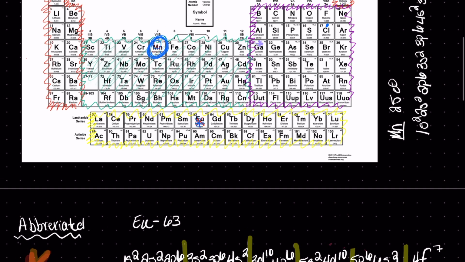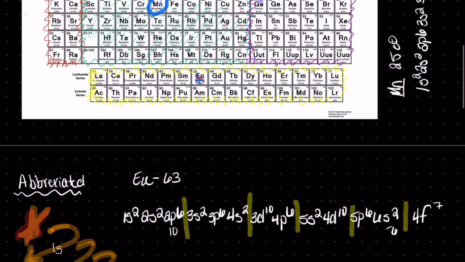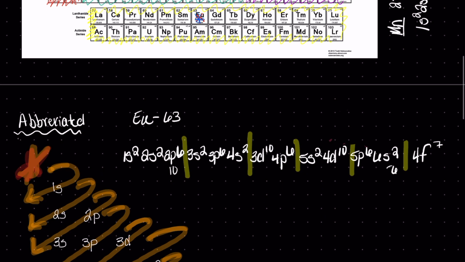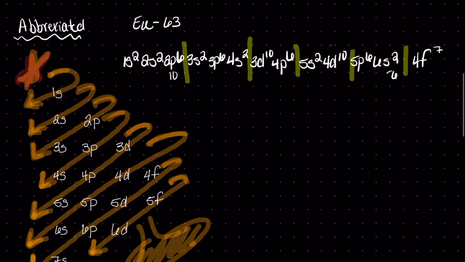All of these noble gases have a unique characteristic that they are highly unreactive. They don't do much, but they have quite a bit of electrons to account for. So we can use that noble gas core as a bouncing off place, based on where they would go in the Aufbau tree.